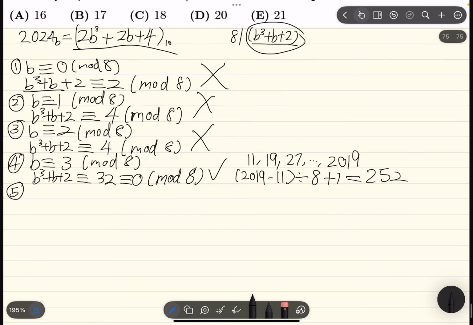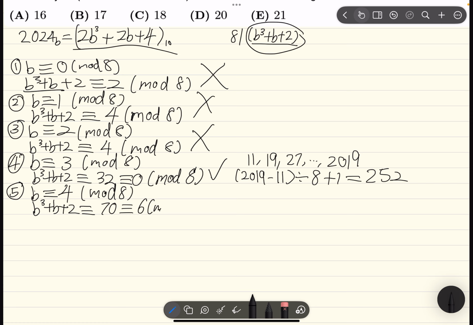Then we have when b is congruent to 4 mod 8. Again, we plug this in and get 64 plus 6, which when divided by 8 gives a remainder of 6. So that does not work at all.